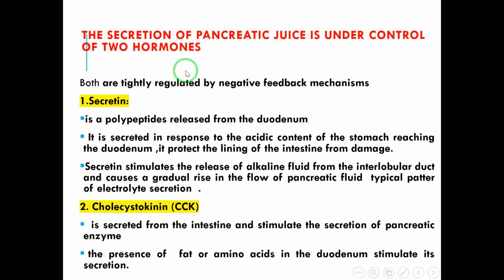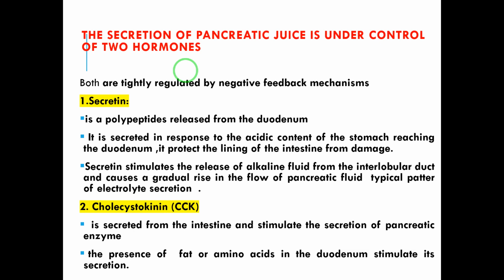Usually there is a negative feedback mechanism that tightly controls the secretion of the pancreatic juice. We have two types of stimulators, secretin and cholecystokinin, and each one has a different stimulatory effect.